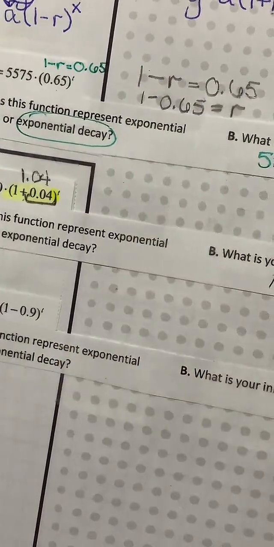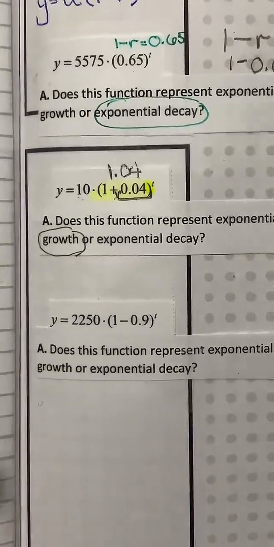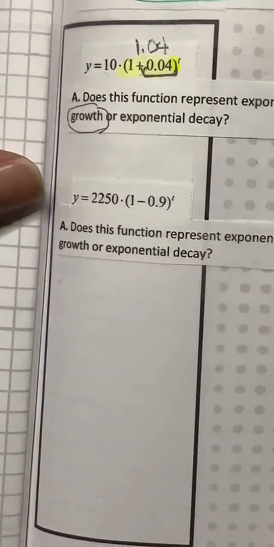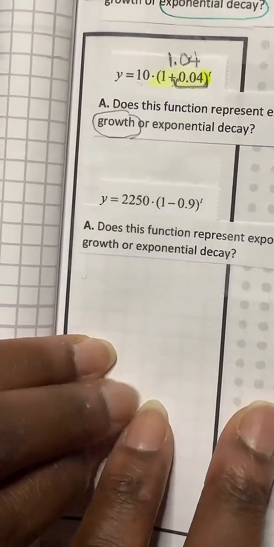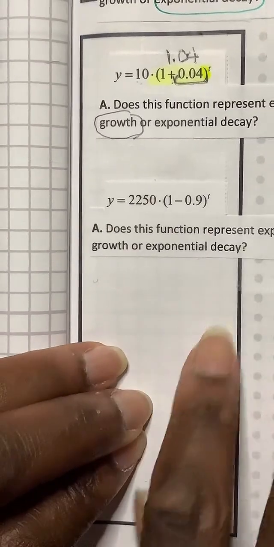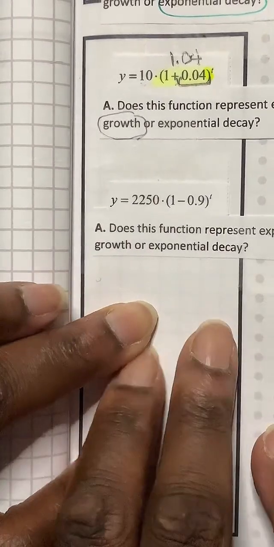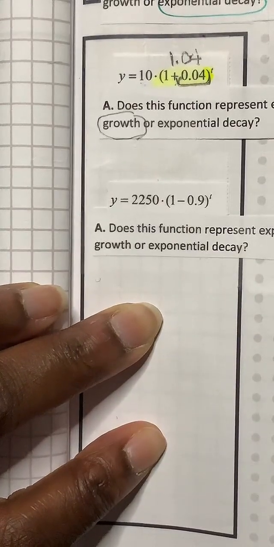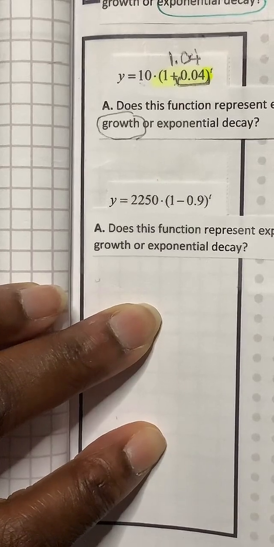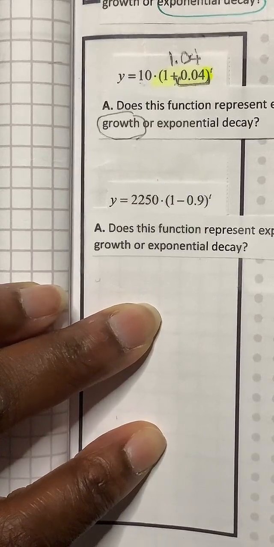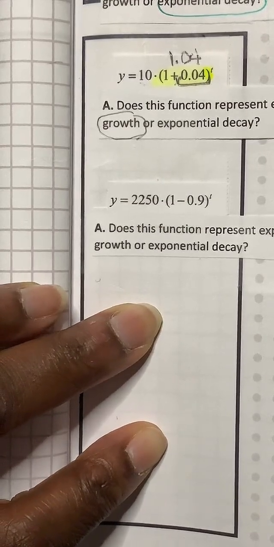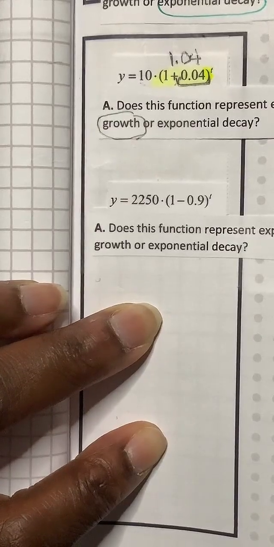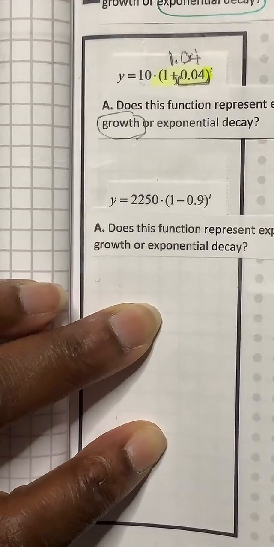All right, so we have 2,250 times 1 minus 0.9 raised to the t. Now, do not put your answers in just yet.